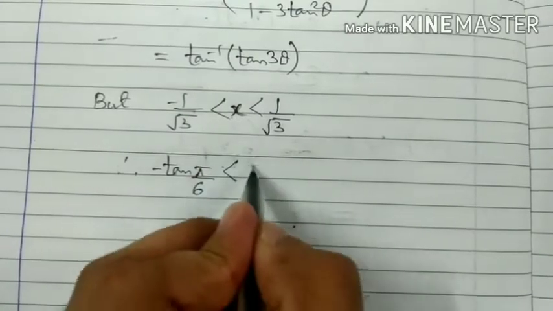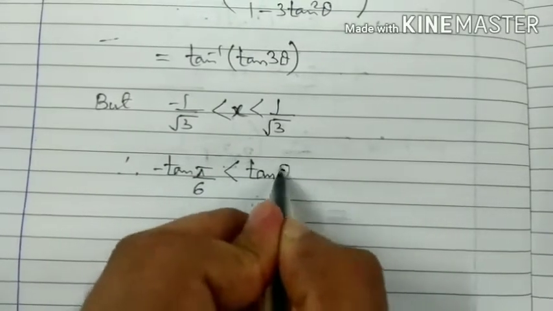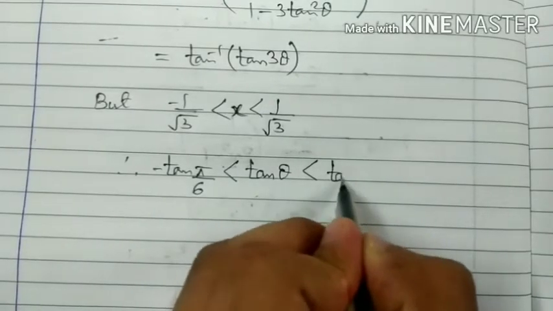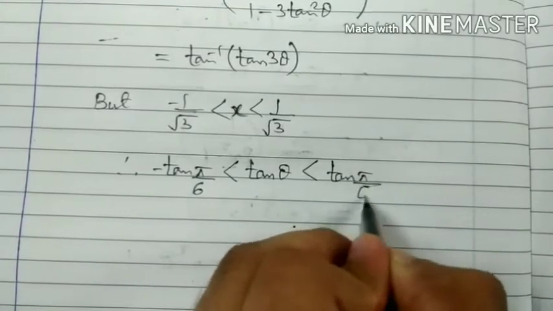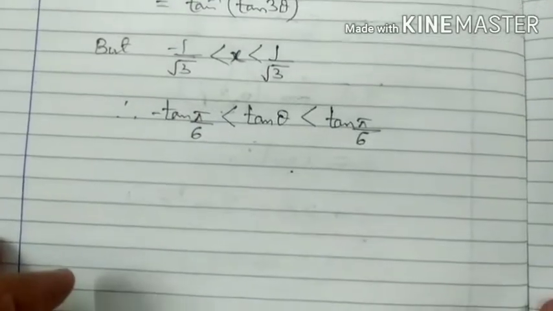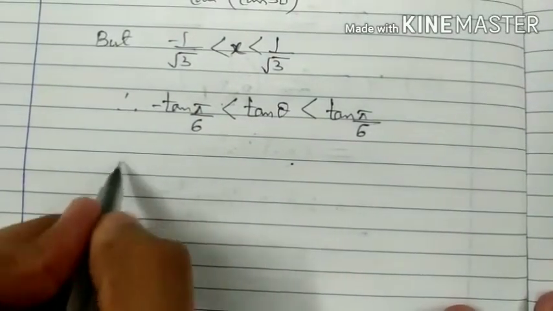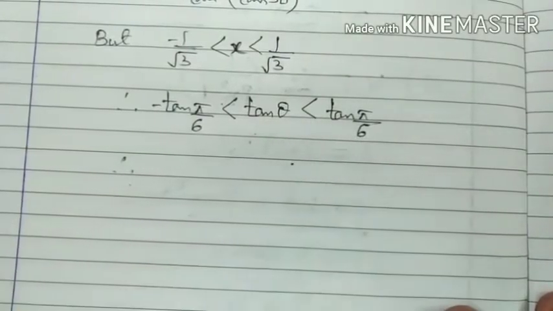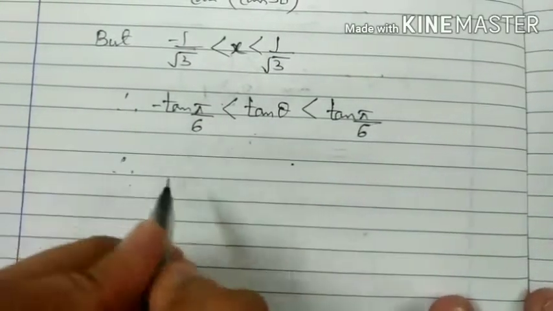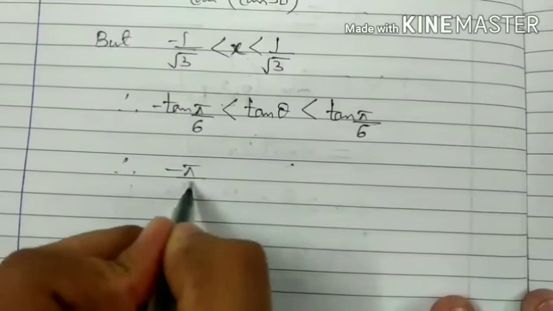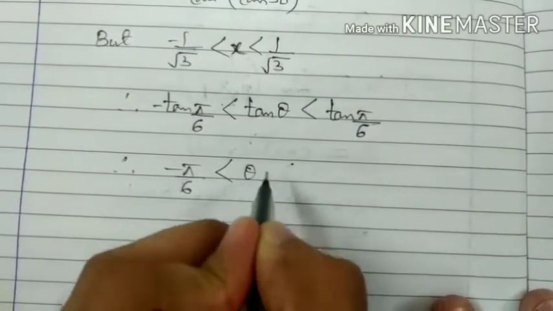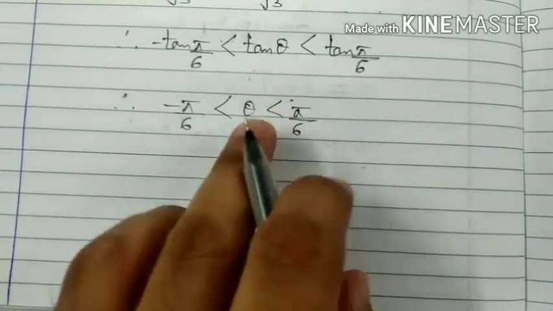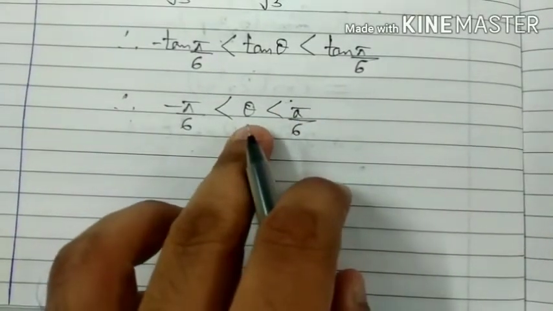For x we can write tan theta, and for 1 upon root 3 we can write tan pi by 6. Tan pi by 6 means tan 30. Now from this inequality tan gets eliminated. Without tan we can write minus pi by 6 less than theta less than pi by 6. So we are getting range of theta.